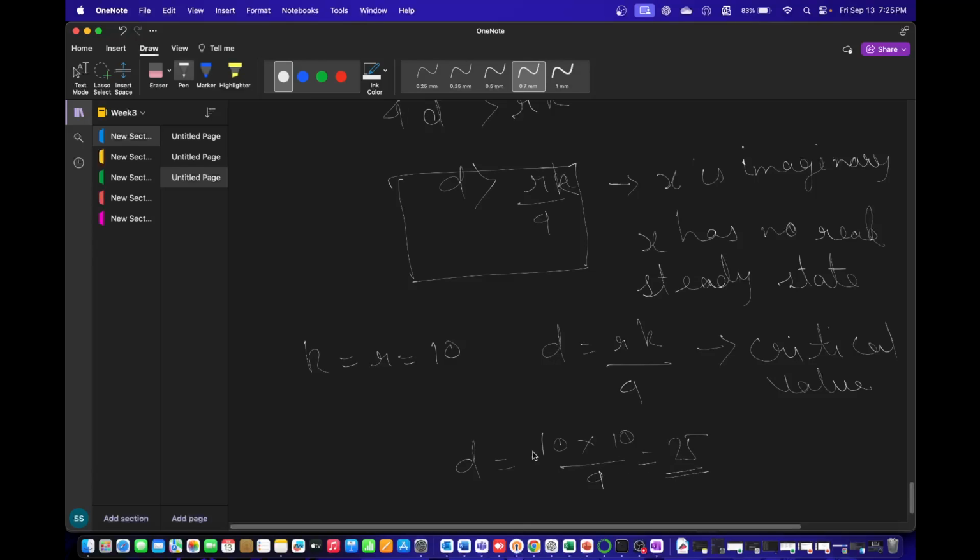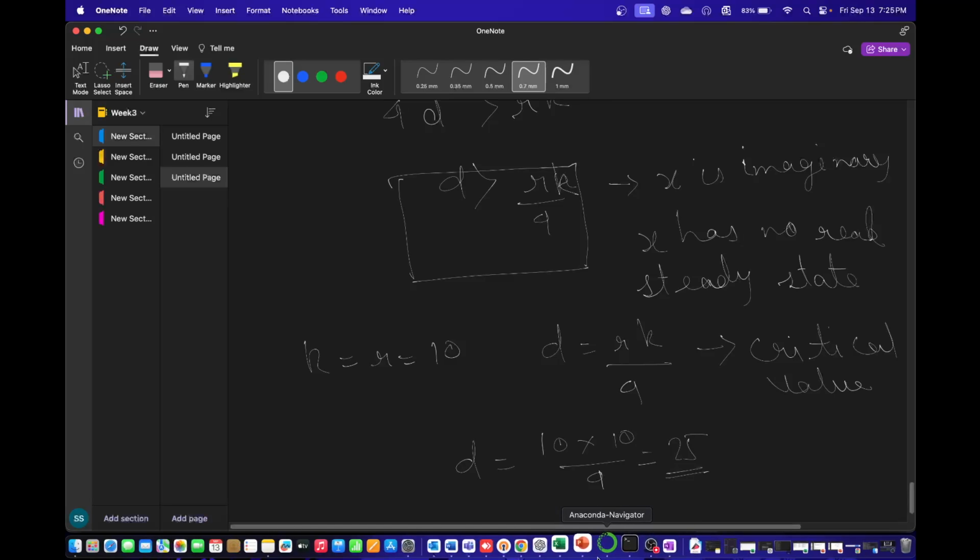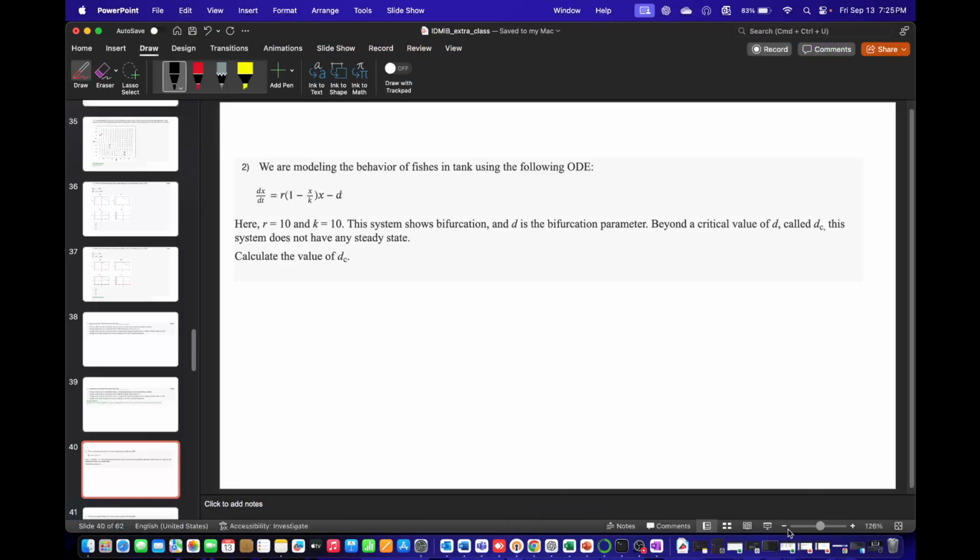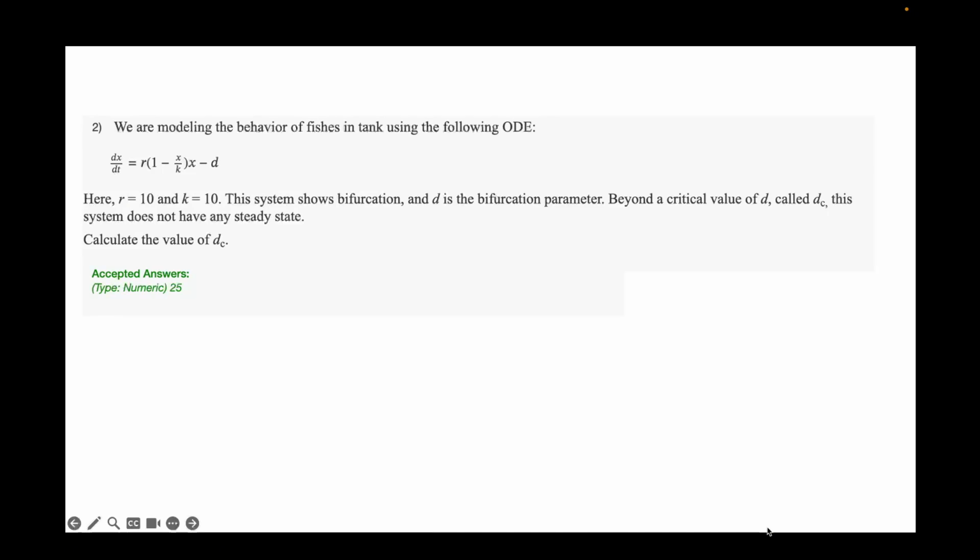So your critical value of d is basically 25, beyond which the steady state is imaginary. Okay, so I hope this is the answer. Yeah, 25 is the answer. So that's the critical value of d. Okay. Let's move forward to the next one.